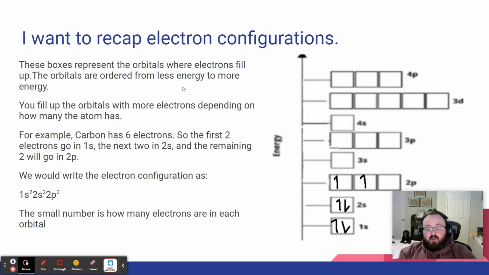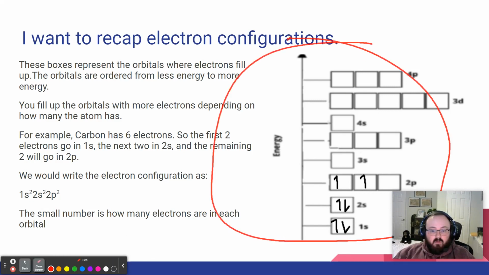Just a recap of electron configurations. These boxes that are over here, they represent where the orbitals are energetically. That's probably the better word. So our 1s orbital down here is the lowest energy.